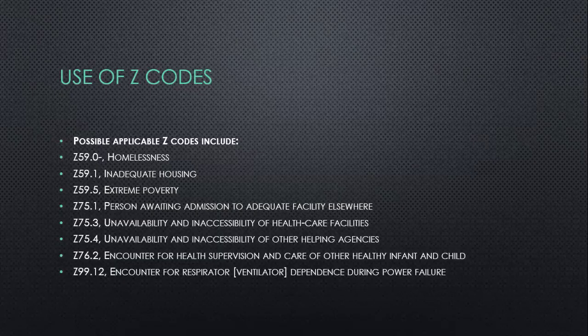And then there are other Z codes that represent a status of the patient. For instance, if they are ventilator dependent or if they come in to have a catheter switched out, like a urinary catheter or a non-tunneled catheter, those type of things. There are specific Z codes that we use as supplementary information to further give the payer an understanding of the full picture of why the patient is being seen for today's encounter.